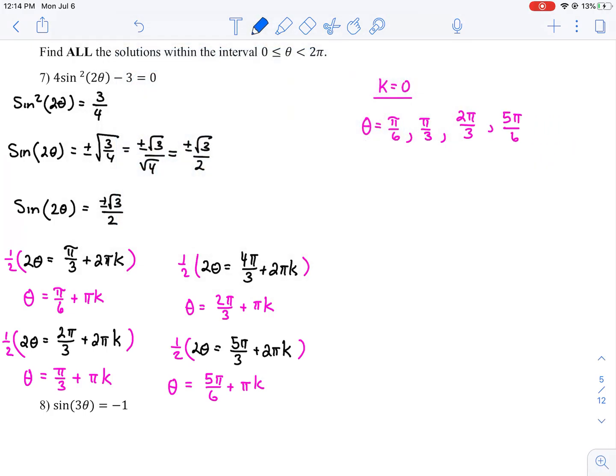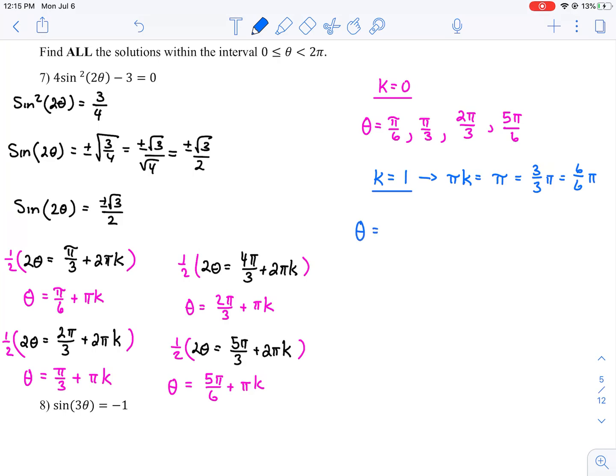Next, when k is equal to 1. So when k is equal to 1, what that implies is that pi k is equal to pi, and since the denominators are 6 and 3, we can write that as 3/3 pi or 6/6 pi, depending on which denominator you have.